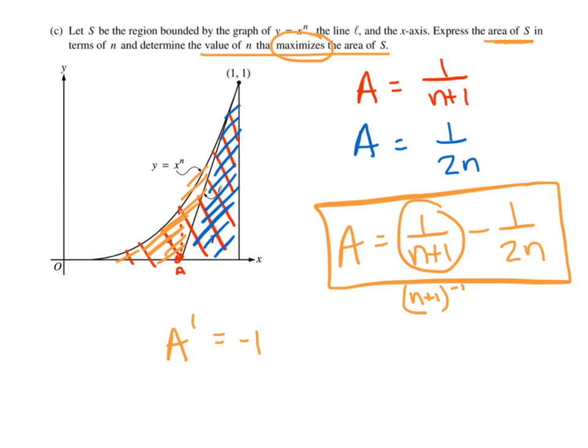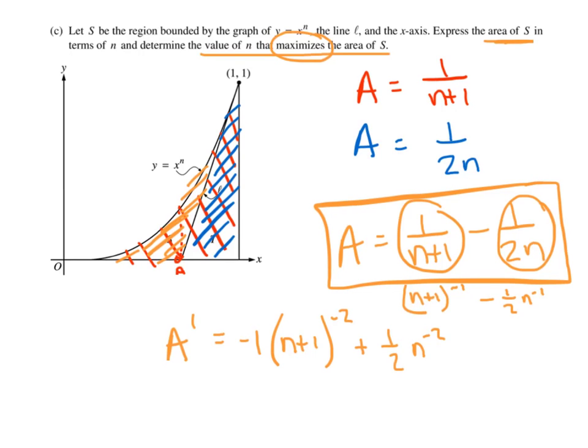So the derivative is negative 1 times n plus 1 to the negative 2, times the derivative of the inside, which is just a 1. The good news is n's really a variable here because n is the independent variable on this expression. And then for this term, I'm visualizing negative 1 half n to the negative 1 power, so I got positive 1 half n to the negative 2.